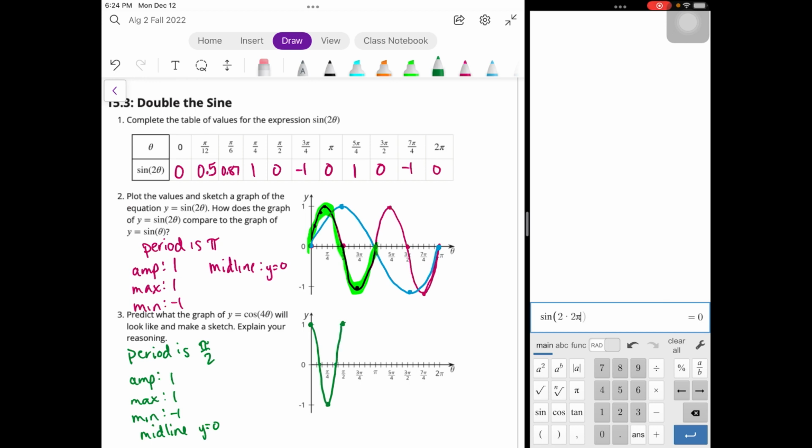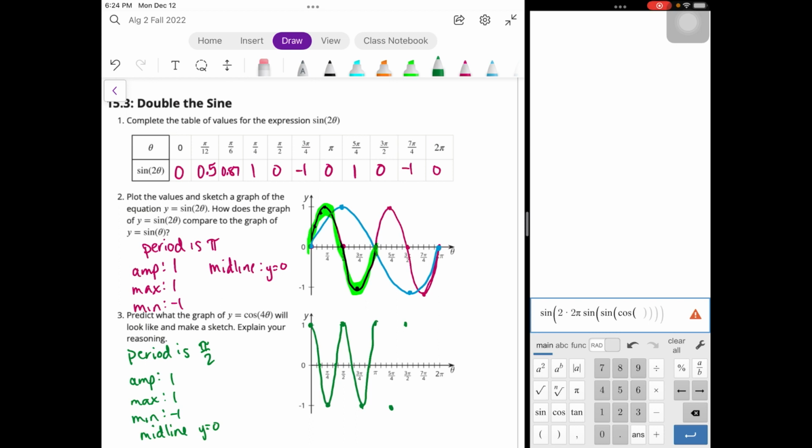And then if we want to continue, it'll end here at pi again. So halfway in between and halfway in between, and keep doing the same thing.